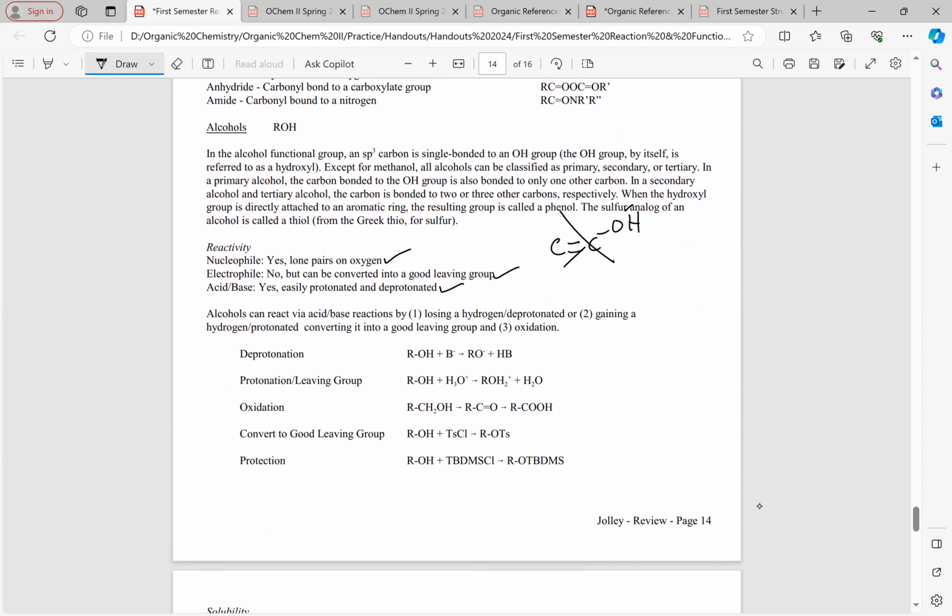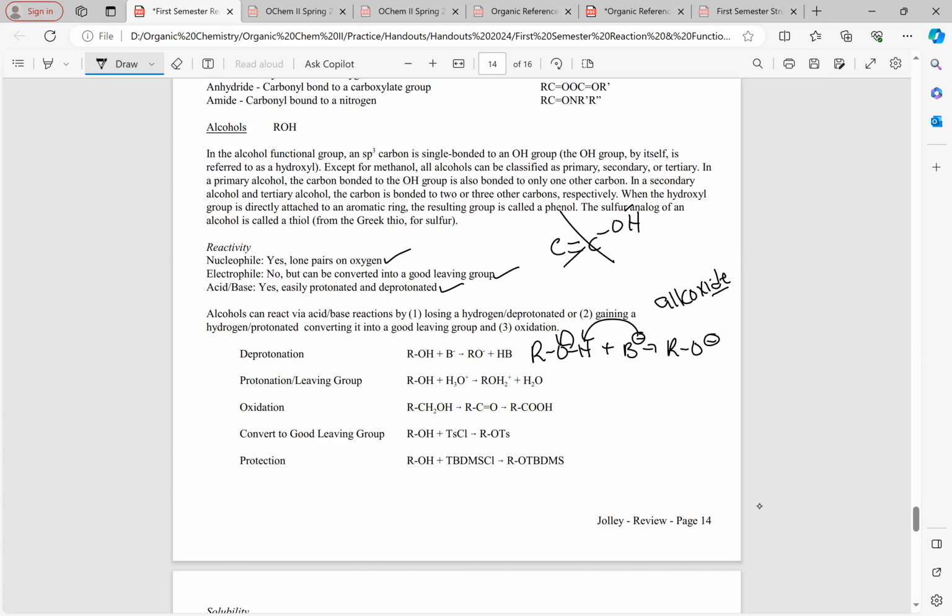So let's just look at deprotonation. If I have an alcohol, now keep in mind, I would have to use a base that was equal or stronger to it. But yes, I could rip off that hydrogen and I could make an alkoxide. Alkoxide.